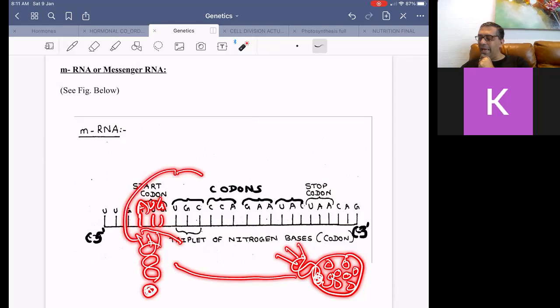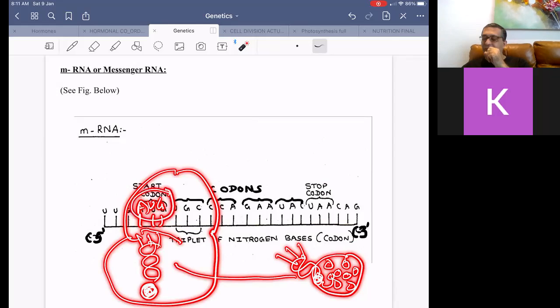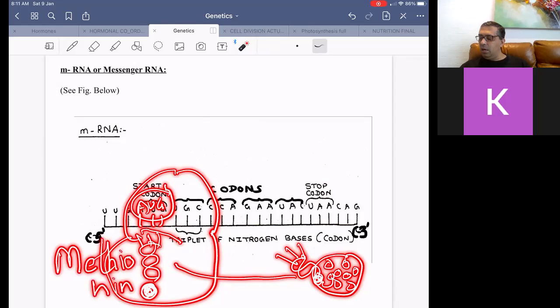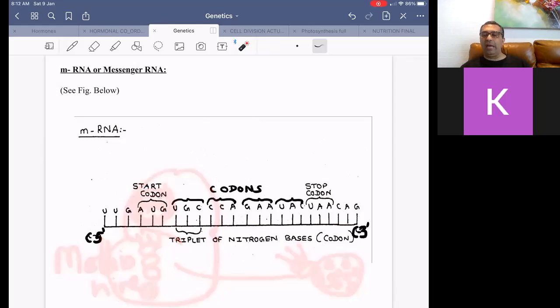So in the ribosome you have mRNA and tRNA, and the first amino acid always delivered for AUG is methionine. So the start codon is AUG, and the first amino acid is always methionine.